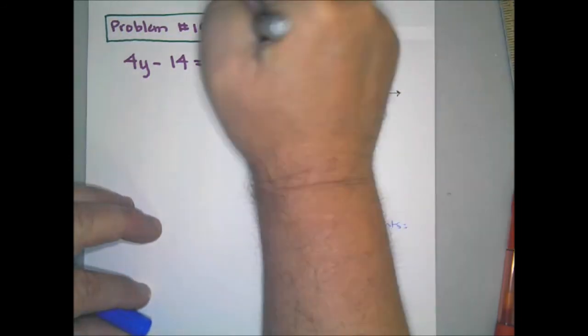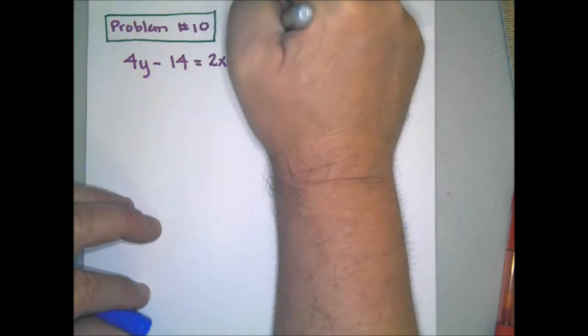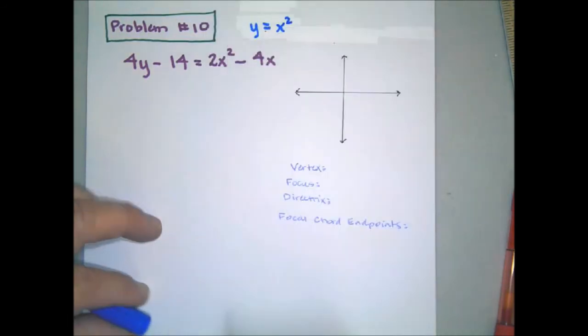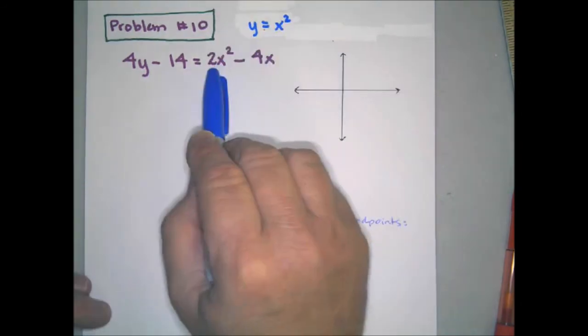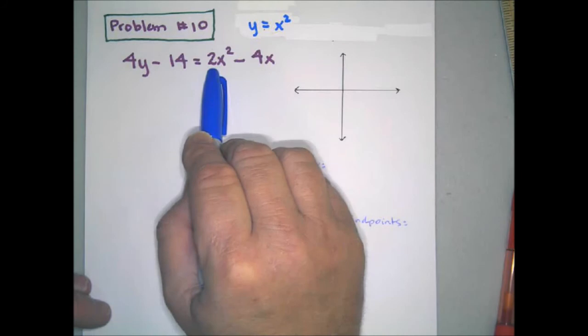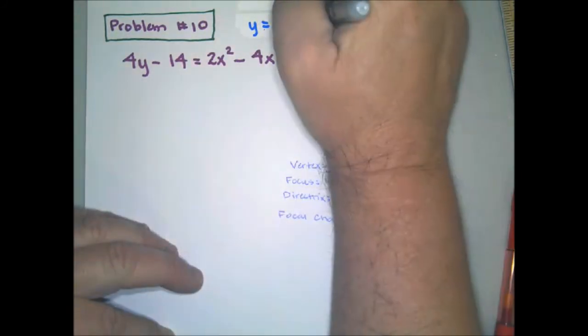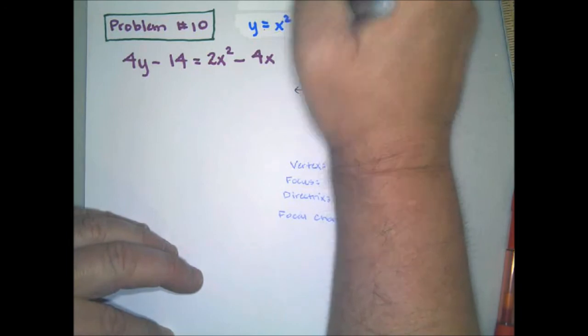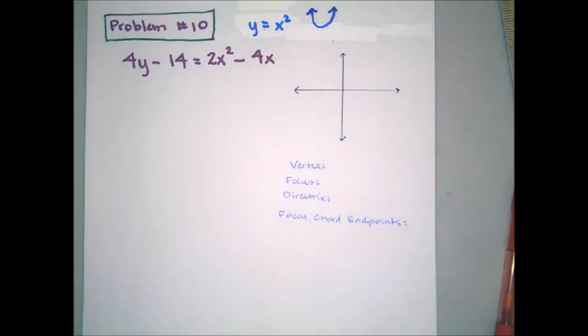So I already know y equals x squared, and the leading coefficient of that x squared is positive. So that already tells me something about this parabola. It's an up parabola.